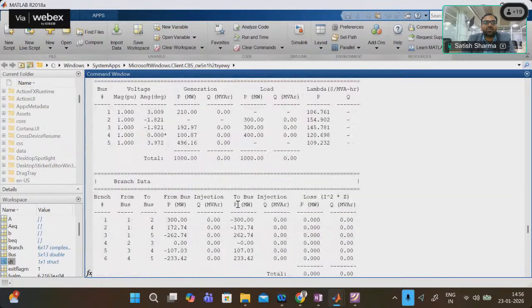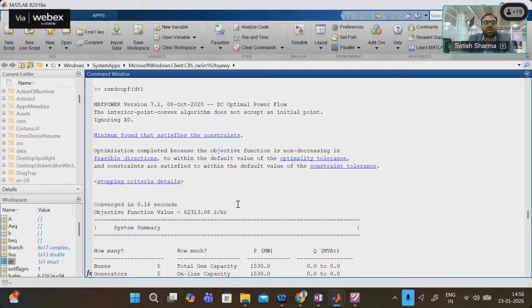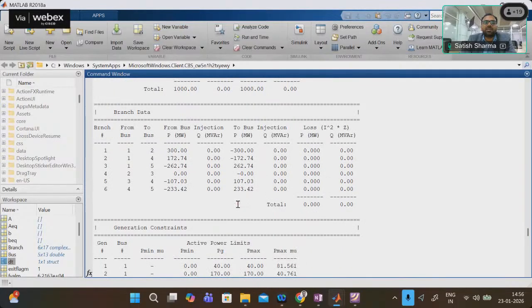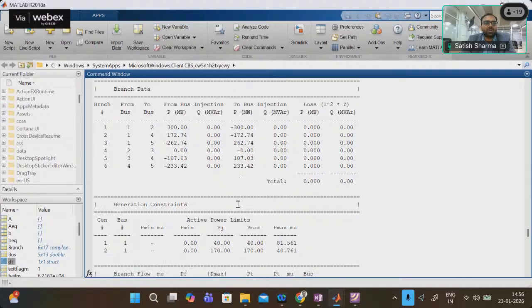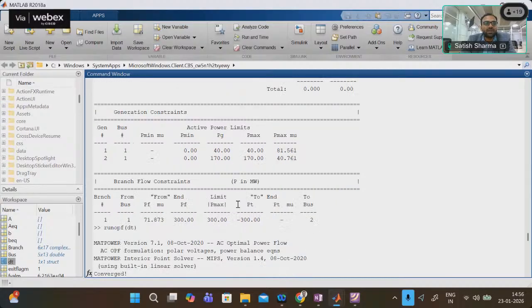First of all, I restricted it to 300 megawatt. Earlier it was 400 and the power was not flowing up to 400, so we have restricted it. Now once I have put that constraint, you can see in the branch flow constraint, earlier there was nothing. Now one violation is reported here, that there is a limit of 300, and the maximum power flow is reaching 300.